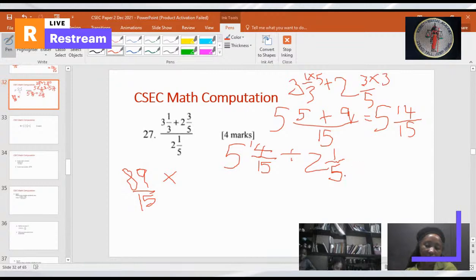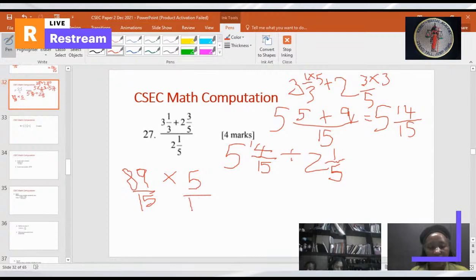So how do we do that? 5 twos is 10, plus 1, that's 11. 11 over 5, and we do what now? You flip. We invert it.